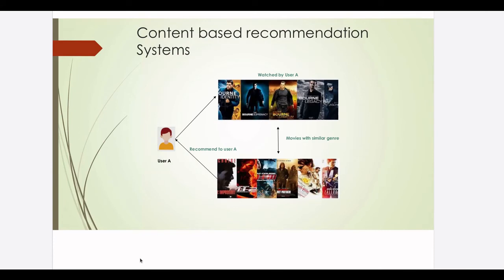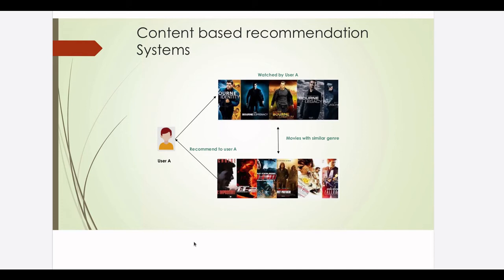When we talked about collaborative filtering based recommendation systems, we saw how similar users were clubbed together and recommendations were made based on the affinities of user groups who are similar to you. Content based recommendation systems work in a somewhat different way. Here it relies on the attribute information or descriptions of the products and services which you consume. Say for example, user A has already watched the Bond series.